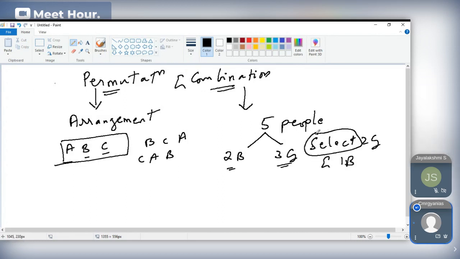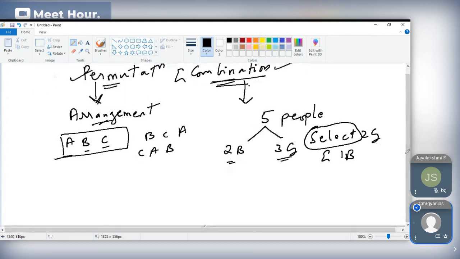Whenever selection comes, it is combination. In class we do permutation and combination under separate headings, but in the exam it will not come like that. Whenever we say arrangement, it is permutation. Whenever you say selection, it is combination.